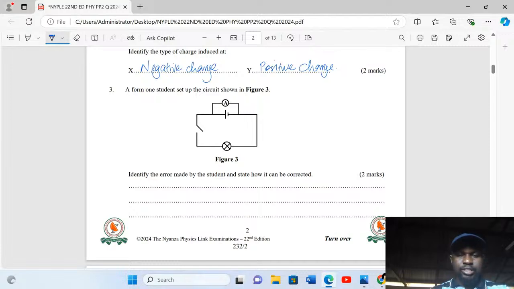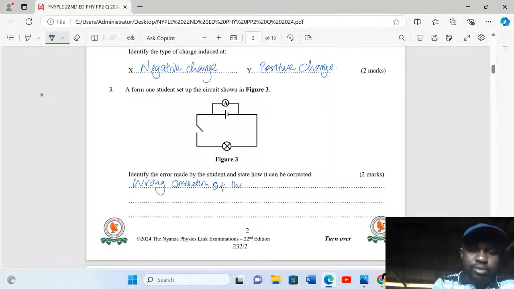It is noted that in all circumstances, an ammeter is supposed to be connected in series with the circuit. Therefore, the error made in the setup is the wrong connection of the ammeter.